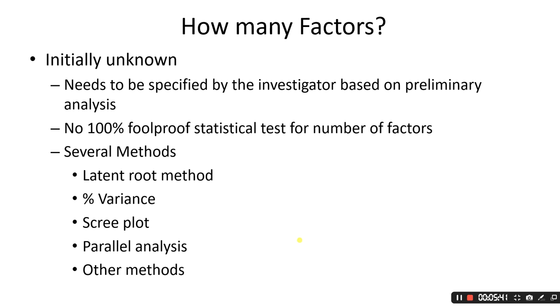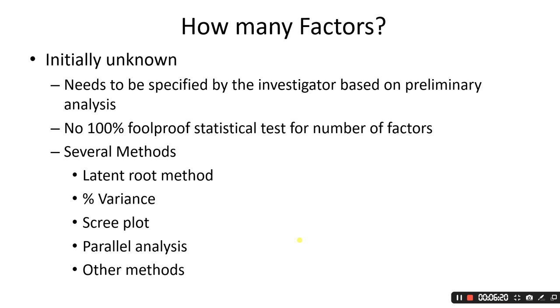But this method generally fails to provide the exact estimate of the number of factors and has been found to have several limitations. Sometimes it underestimates, sometimes it overestimates. This method was suggested by Kaiser, and for alpha factor analysis it generally provides a better estimate, but for most other methods, the latent root method is not considered that good.